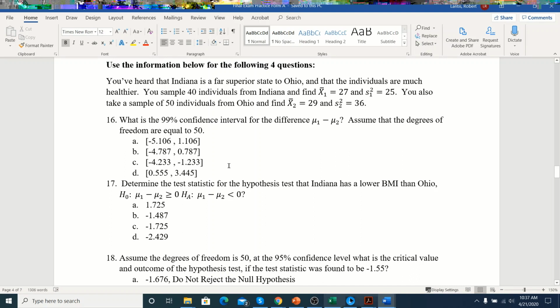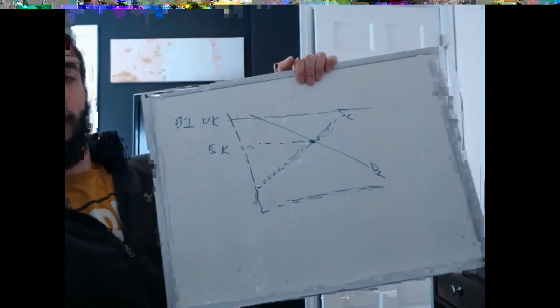If I have a 99% confidence interval, what area is outside my interval? 1%, which is an alpha of 0.01, right? So if I have an alpha of 0.01, that means I have half of it on each side of my confidence interval.